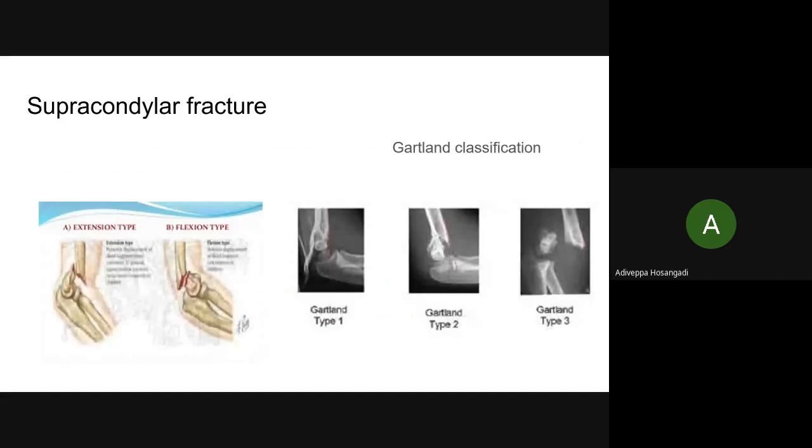Okay. Something about supracondylar fracture. Supracondylar fracture is generally seen in 5 to 8 years. More commonly, of course, naughty male kids. Most importantly, there are two broad types of classification: flexion type and extension type.